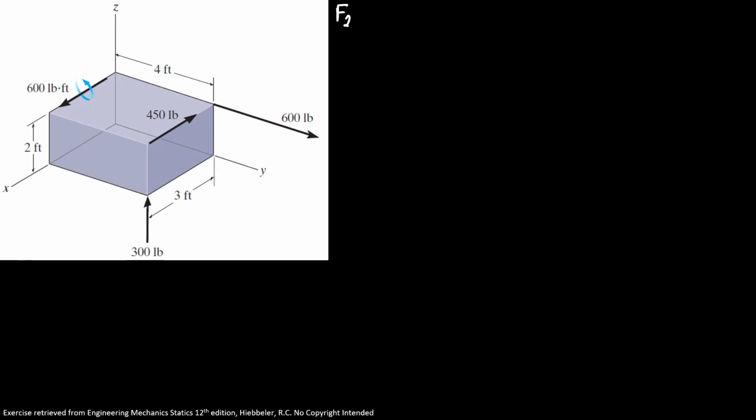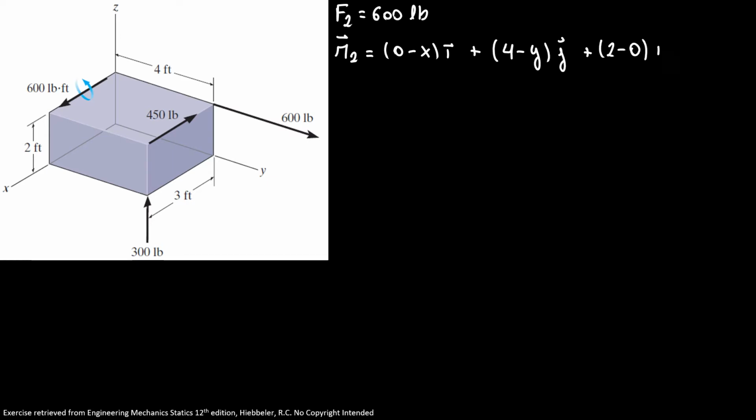So here we're gonna proceed for our 2 and 3. So our F2 is equal to 600 pounds. So our R2 is equal to 0 minus x I plus 4 minus y j plus 2 minus 0 k. So our matrix for M2 would be I, j, and k.